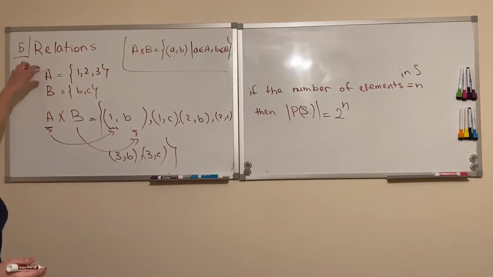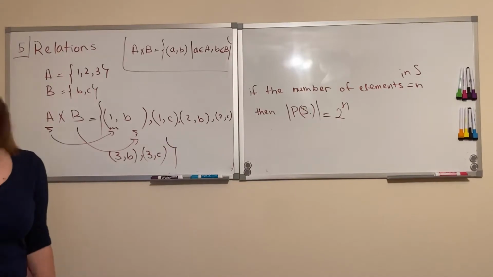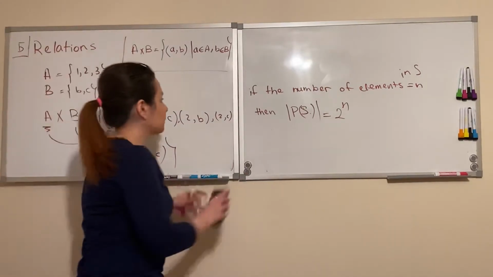Here I have two sets, not 3 or n sets, but we can define the Cartesian product on more than 2 sets as well.